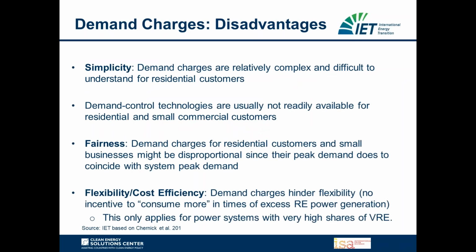However, there are some disadvantages when we talk about demand charges for the residential sector. And this is, of course, simplicity, as you've already seen from the very simplistic calculation before. Having these three components of the electricity bill or two will make it more complex and therefore also more difficult to understand for the final consumer.